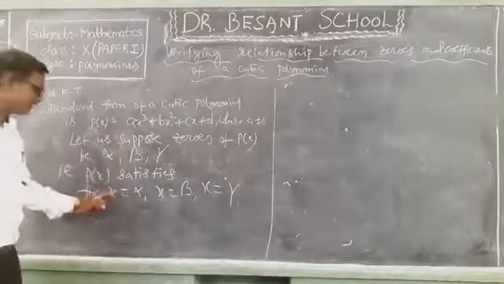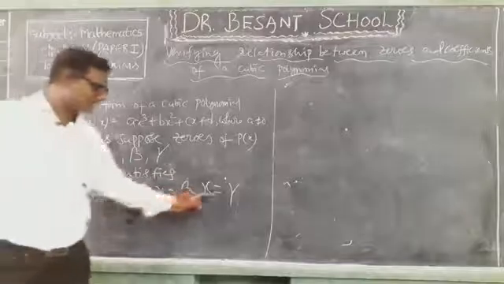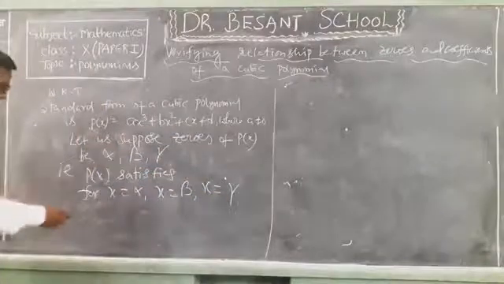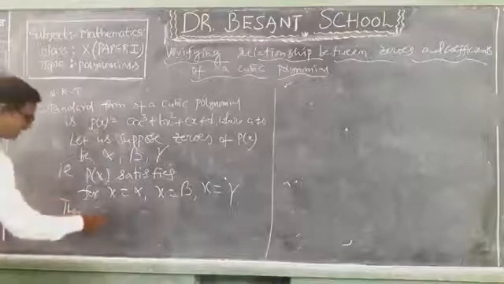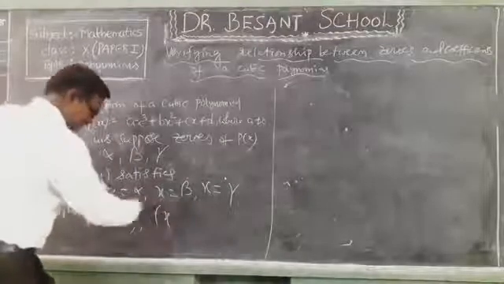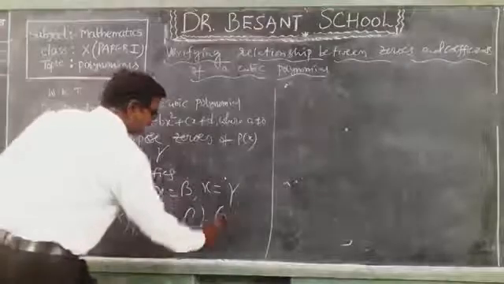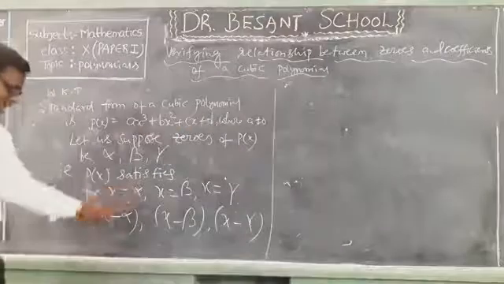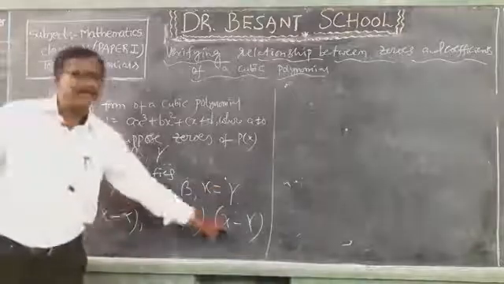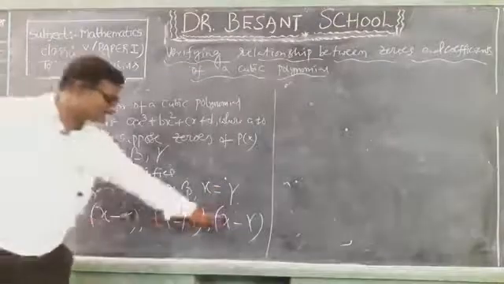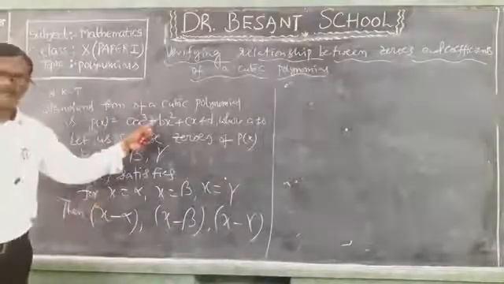Okay. So whenever x equal to alpha, x equal to beta and x equal to gamma, for these 3 values it satisfies, obviously then x minus alpha, x minus beta, x minus gamma are the factors for this polynomial.